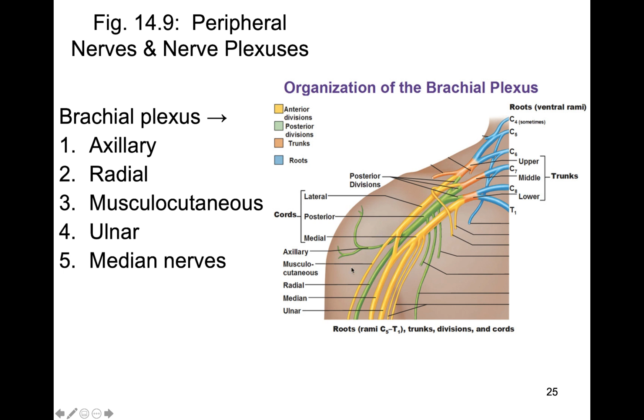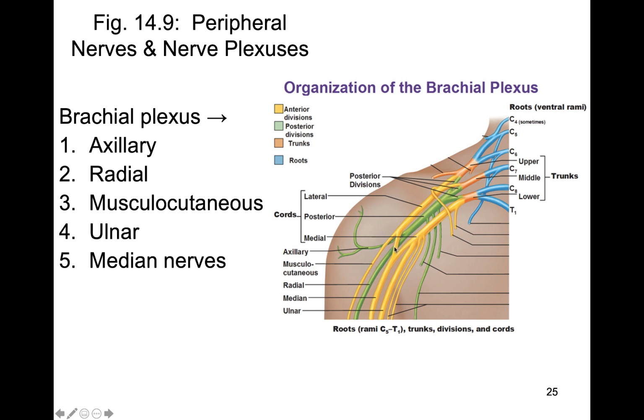Okay, now we are on the last part, which are these nerves. The first one I'm going to show you is the musculocutaneous. If you follow this lateral cord, one of these nerves is going to become the musculocutaneous. So it's going to bifurcate, and one of them is called the musculocutaneous.